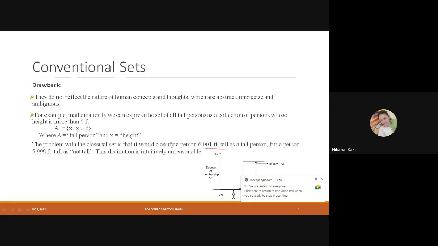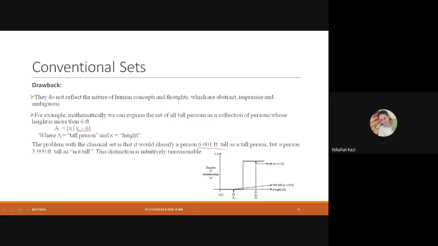Okay. So the problem with this kind of representation is that it will classify a person having a height slightly greater than 6 as tall, but a person having a height slightly less than that will not be classified as tall.